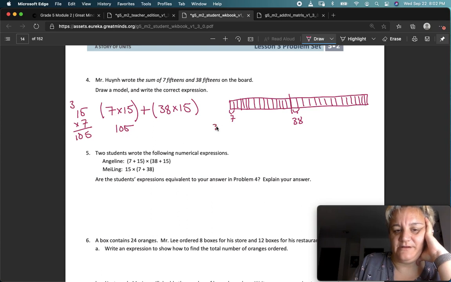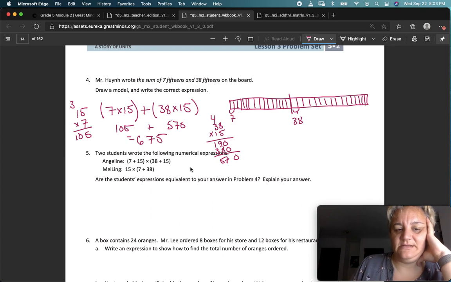And then 38 times 15 is, that's 40, carry the 4, 15, 16, 17, 18, 19, and the 1, and then drop a 0, and 8, and 3, 0, 16, 17, carry the 1 is 5, so this side is 570, and add this together, and I get 675.